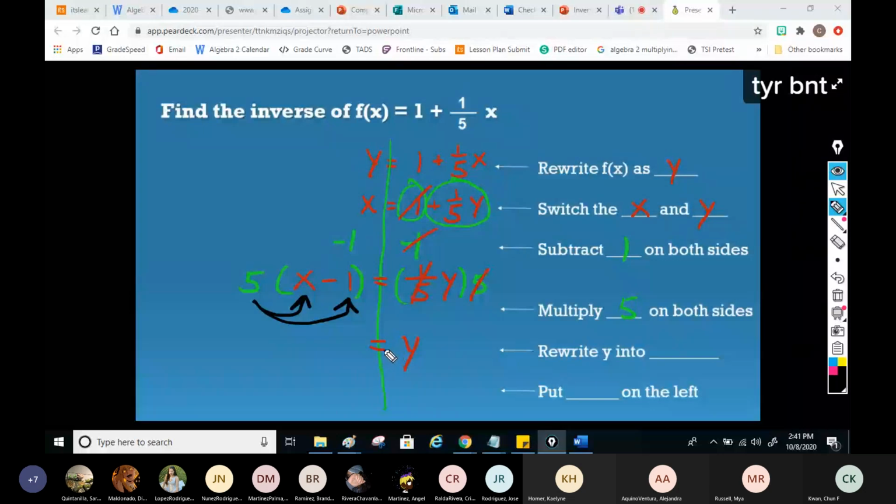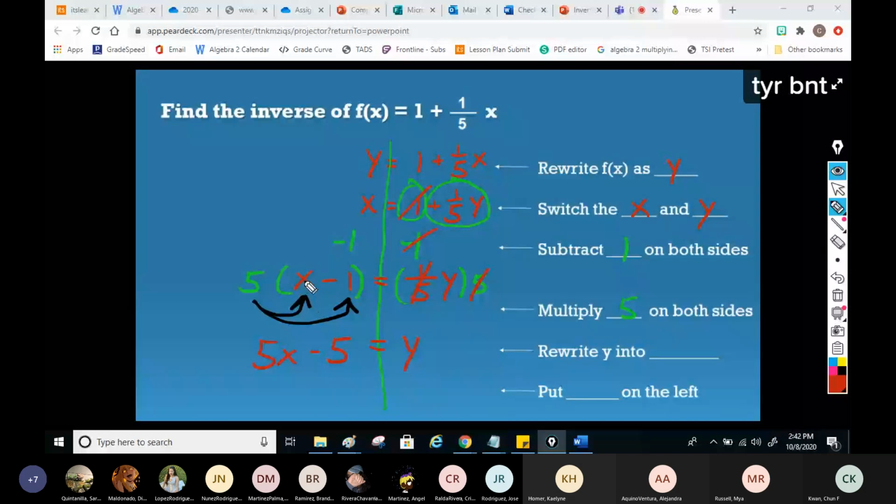So what I mean by distribute, I have to make sure 5 is multiplying by x. So 5x, 5 times x is 5x. And then 5 times -1. So 5 times -1 is -5. So that is what I mean by distribution.